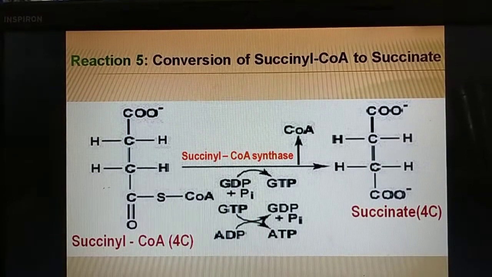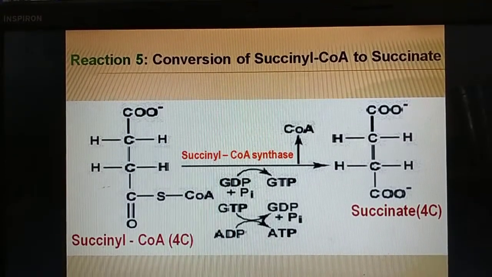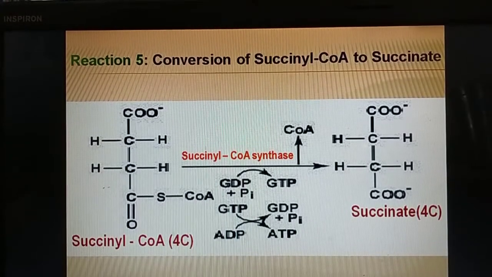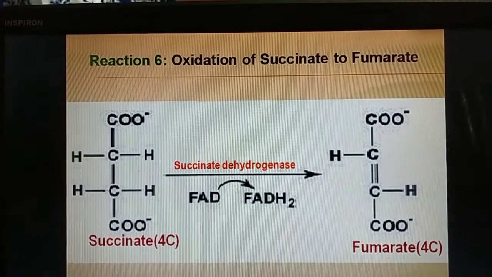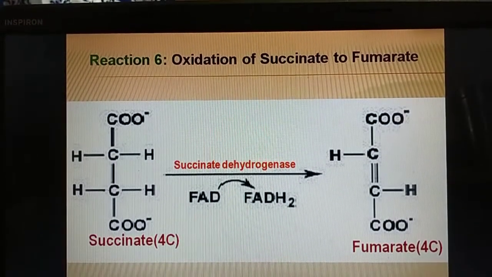In reaction number 5, conversion of succinyl coenzyme A to succinate in the presence of succinyl coenzyme A synthetase, liberating coenzyme A.